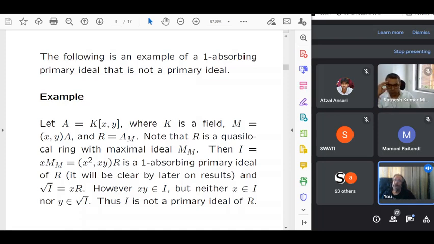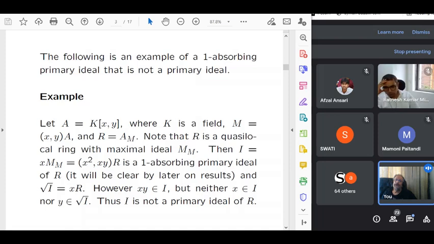I could not believe it: if the ring is not quasi-local, then primary and one absorbing primary are the same. And that surprised me. Anyway, so first thing, if you want to follow my talk, here is my ring R quasi-local. I constructed an ideal.